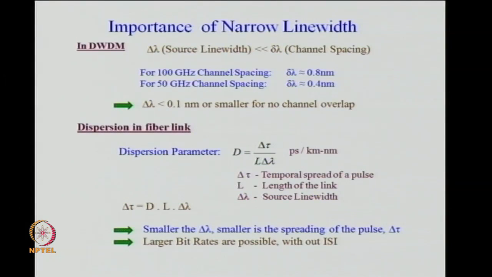So, this is the importance in optical fiber communication, and a small line width has many other applications where you need large coherence lengths, highly coherent sources, because the coherence time is inversely proportional to delta nu, namely the line width, and therefore, smaller the line width, larger is the coherence time.